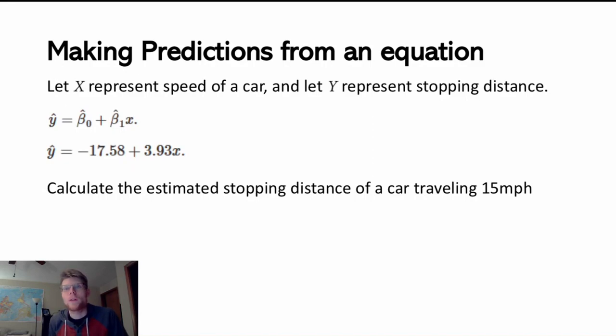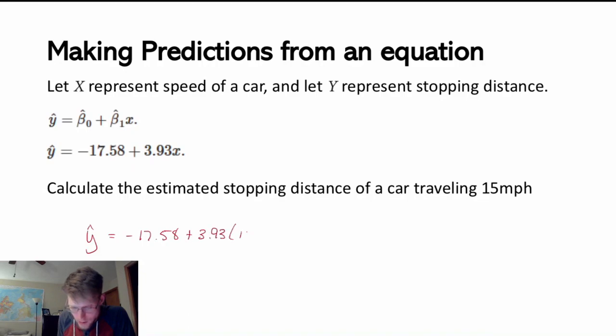And so we'd like to calculate the estimated stopping distance of a car traveling 15 miles per hour. So what we're going to do here is plug in y hat equals negative 17.58 plus 3.93 times 15 miles per hour.